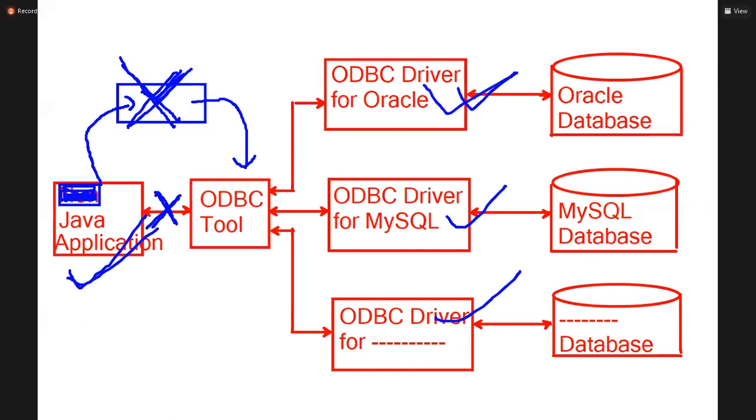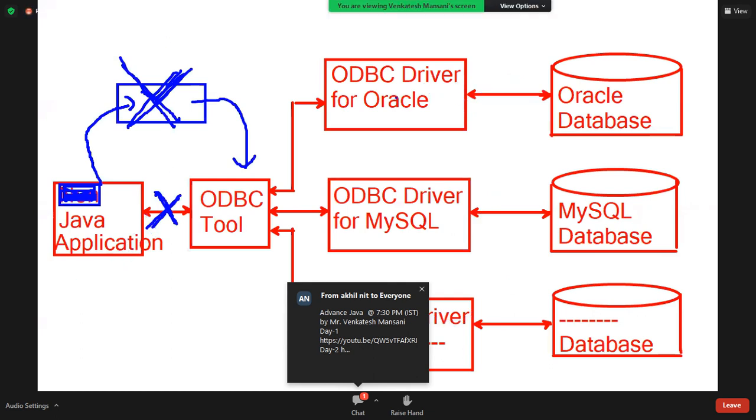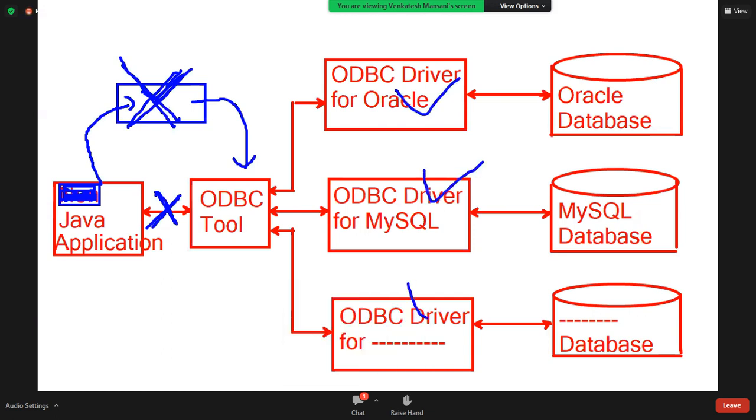Instead of changing total Java, changing to a new set of drivers is best. That is the reason they didn't change Java. They changed to new drivers, and those drivers are the JDBC drivers.